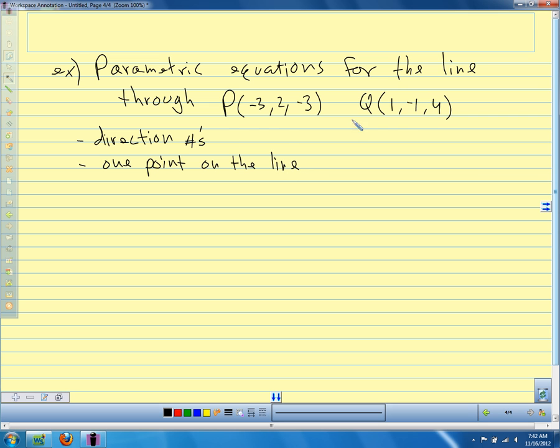We have 2 points on the line, so we can pick either of those for our x1, y1, z1. How are we going to get our direction numbers? Q minus P, and what did you say, Cole? Just find the vector from P to Q. So we can say that the vector PQ is parallel to our line.